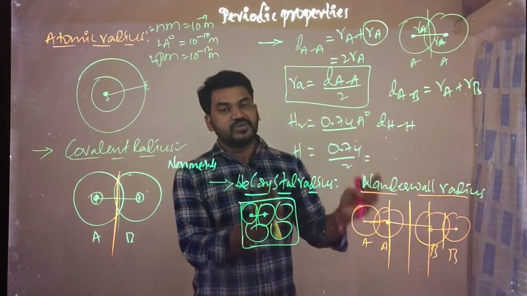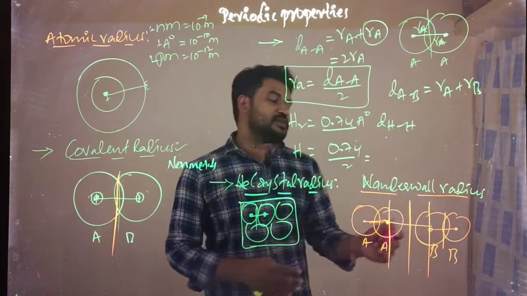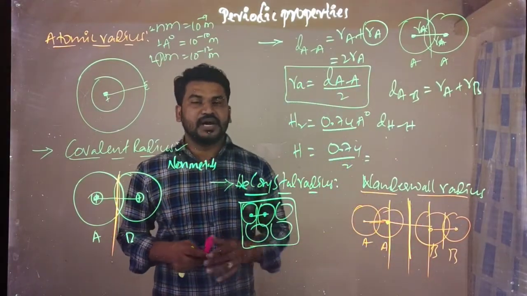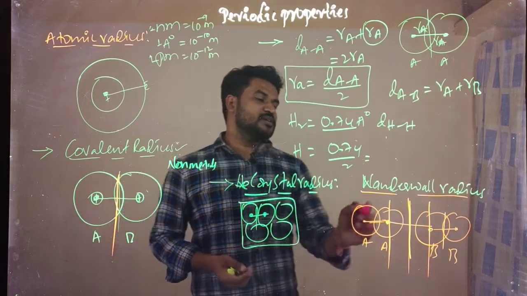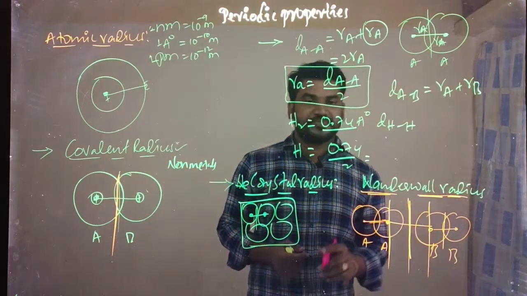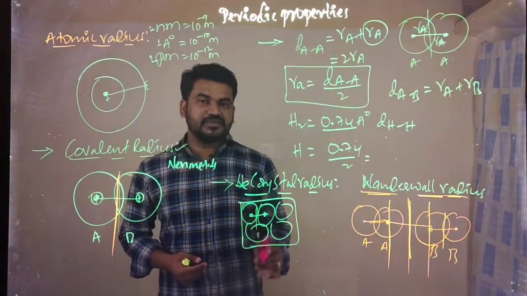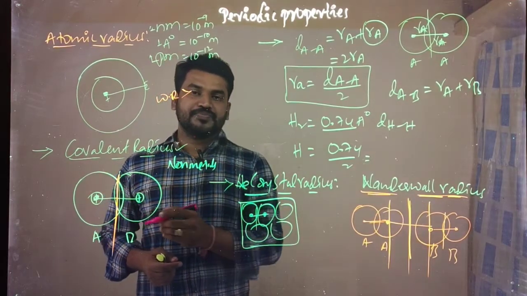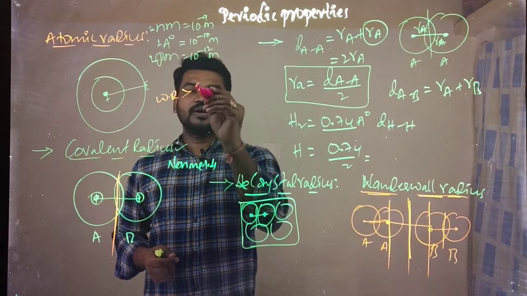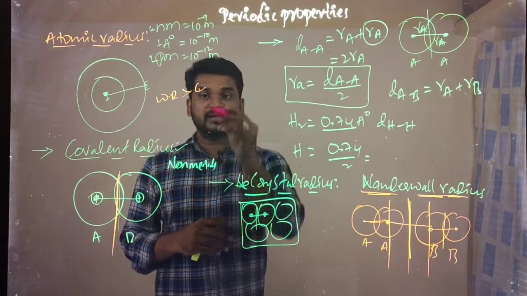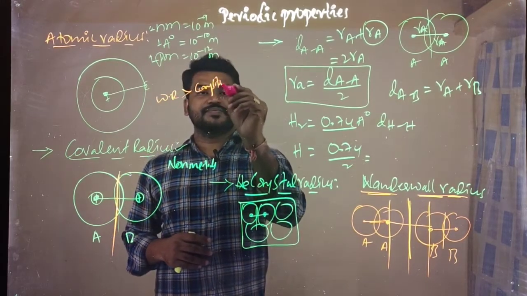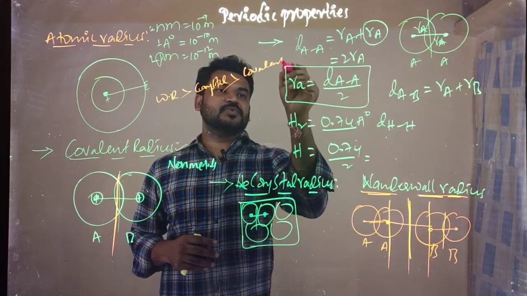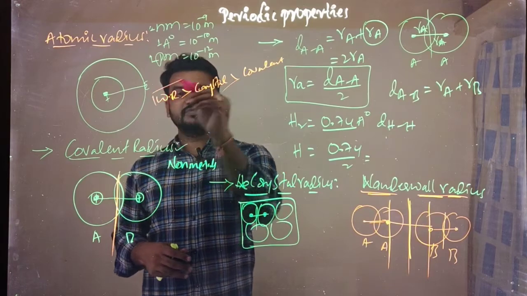Half of the distance between the two non-bonded atoms is the van der Waals radius. And remember one thing: van der Waals radius is always more compared to covalent radius, and we can say it like crystal radius, then covalent radius. So this is the series we need to remember.